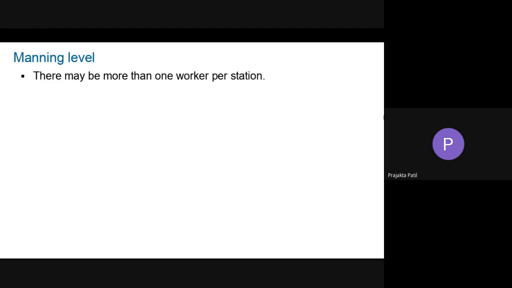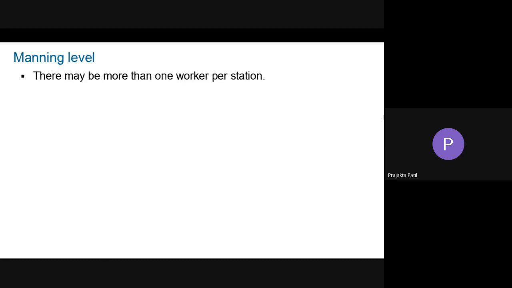For example, suppose I say that the manning level M i is equal to 1 for station i, it means that there is one worker who must be at the station continuously.